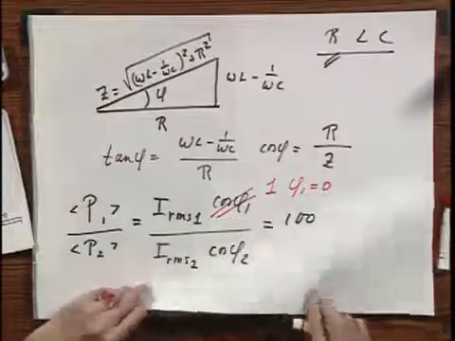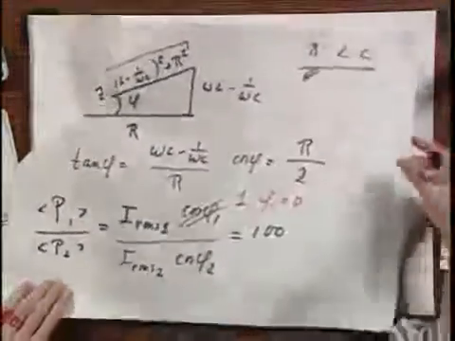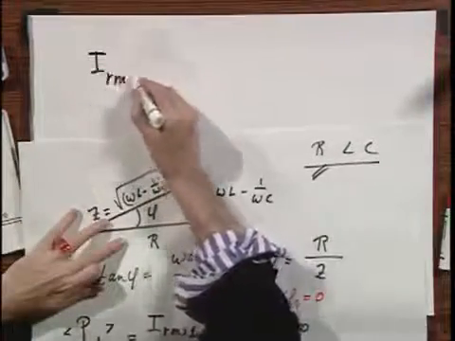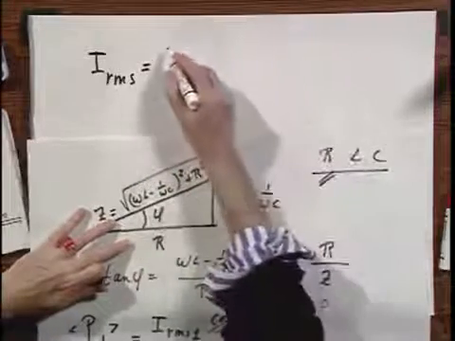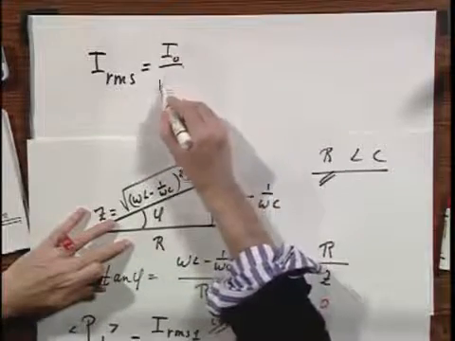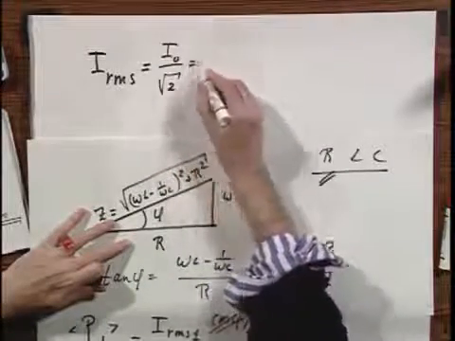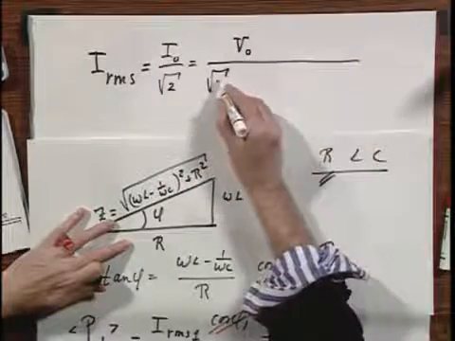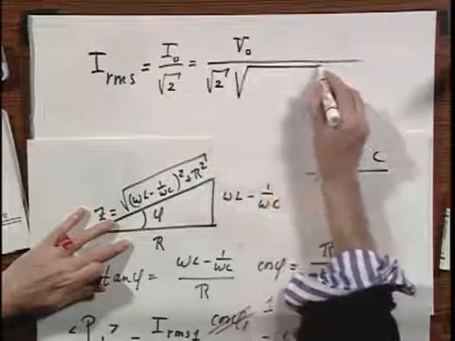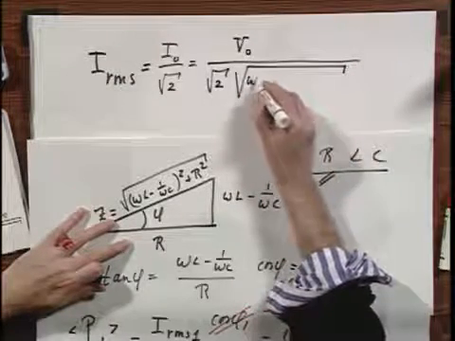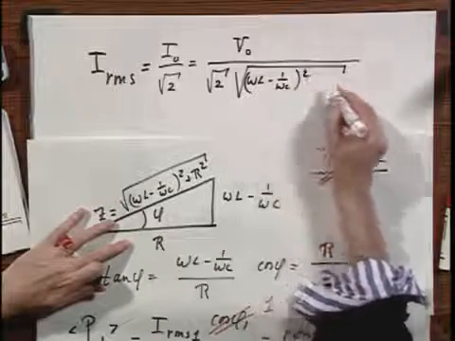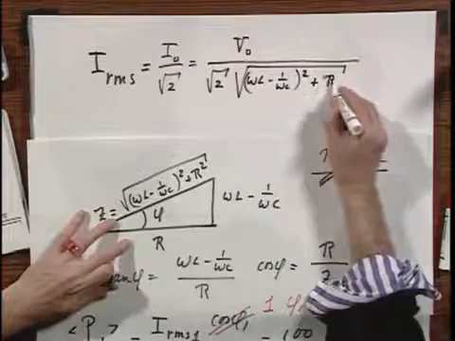Let's write down what I RMS is in general for an RLC circuit. It is I0 divided by the square root of 2, and that would be V0 divided by the square root of 2 times Z, which is the square root of omega L minus 1 over omega C squared plus R squared.